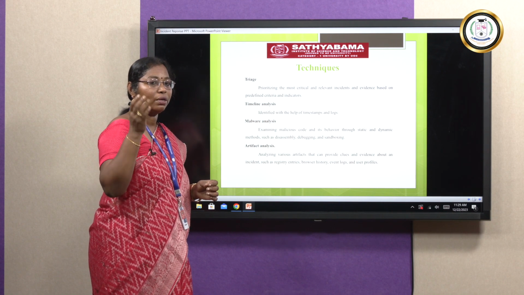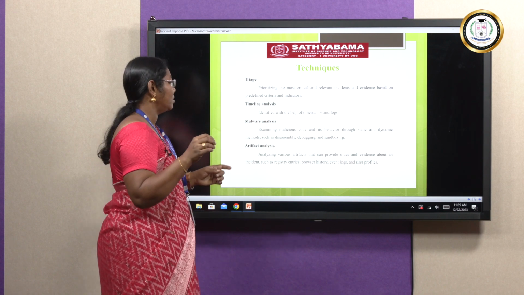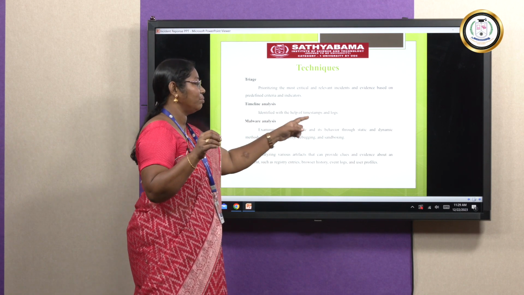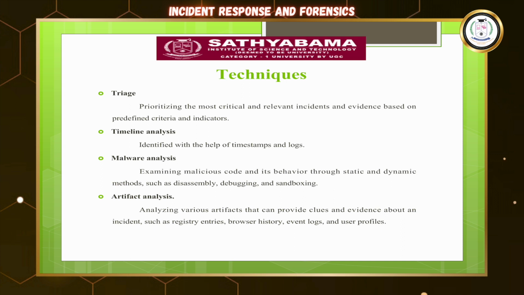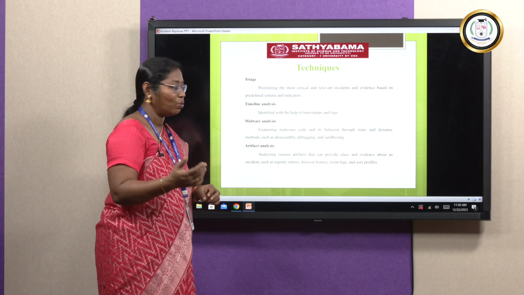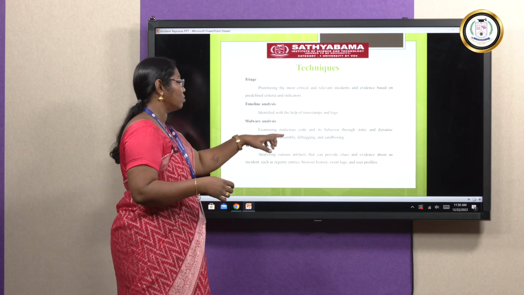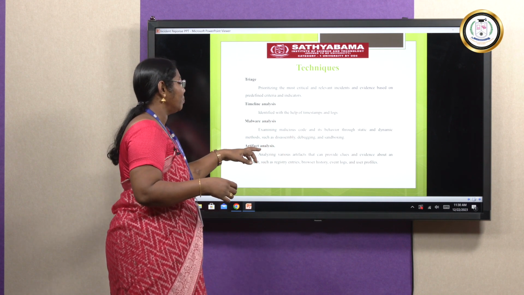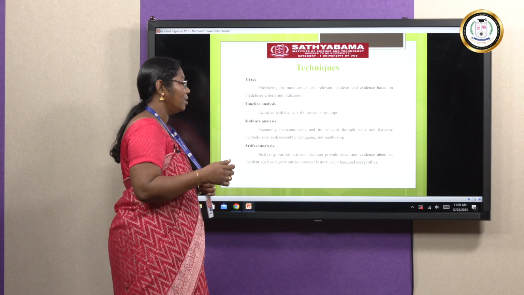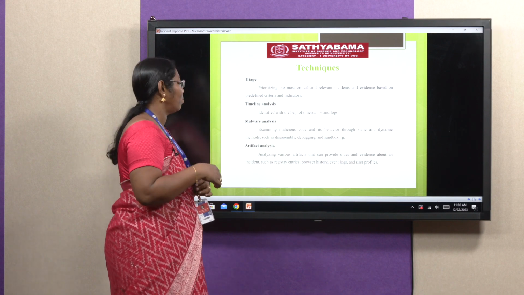Timeline analysis is one of the techniques. And malware analysis, as you all know, is about malicious code: examining the malicious code and its behavior through static and dynamic methods such as disassembling, debugging, and sandboxing.